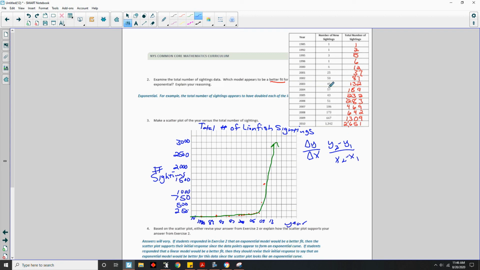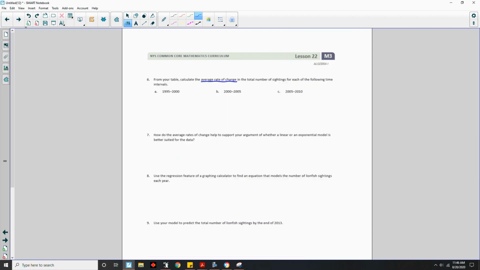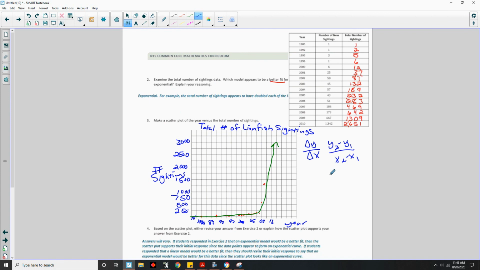So when we're going from 1995 to 2000, x2 is 2000 minus 1995, and our y in 2000 was 12, and our y in 1995 was 5.